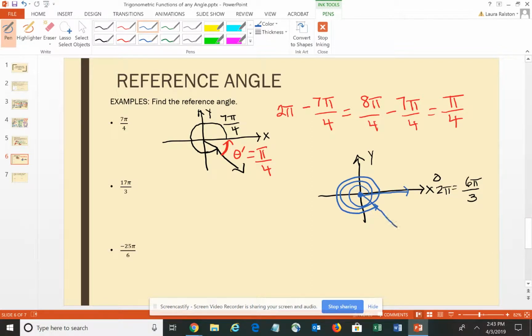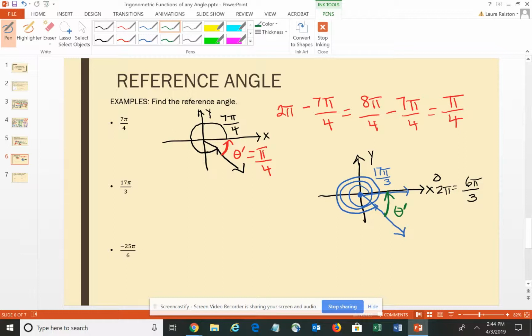Okay, so there would be 17 pi thirds. Again, I'm looking for the reference angle. The reference angle occurs between the terminal side and the positive x-axis, which is going to give me theta prime. So I've got 17 pi thirds, and I'm not quite a full revolution around again.